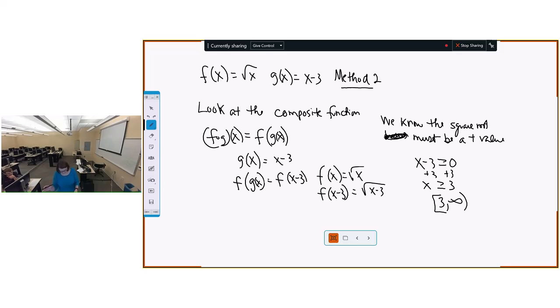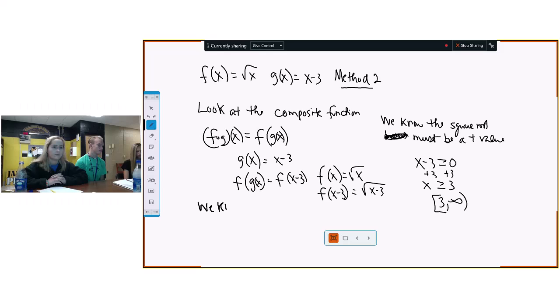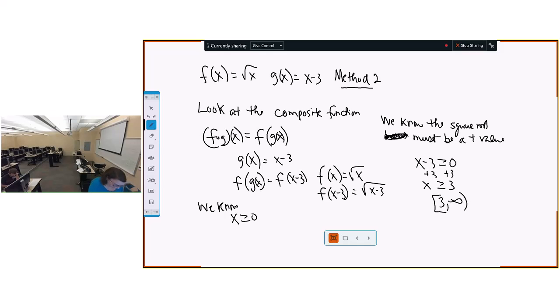Okay, so now we know x has to be greater than or equal to 0, right? Because that's what f of x is. So that doesn't really matter.